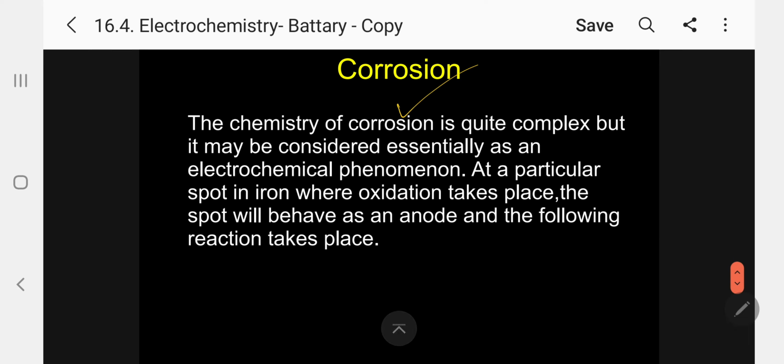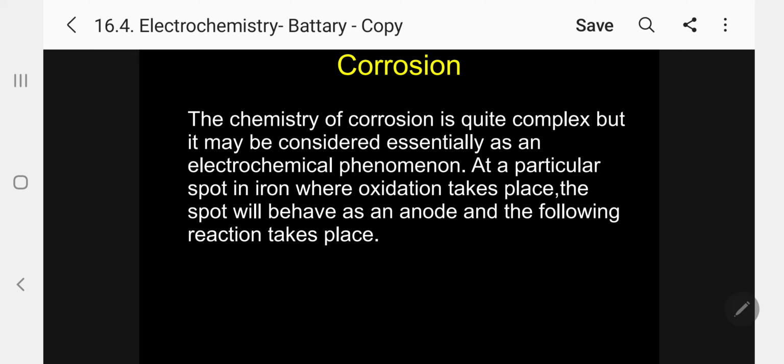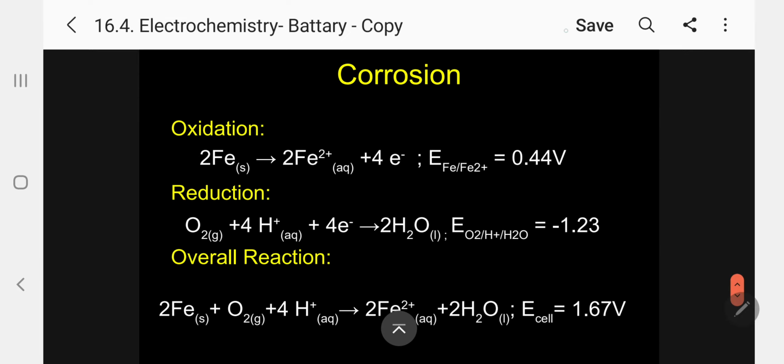The chemistry of corrosion is quite complex, but it may be considered essentially as an electrochemical phenomenon. At a particular spot in iron where oxidation takes place, the spot will behave as an anode and the following reaction takes place. So kindly follow the reaction that is taking place in corrosion.